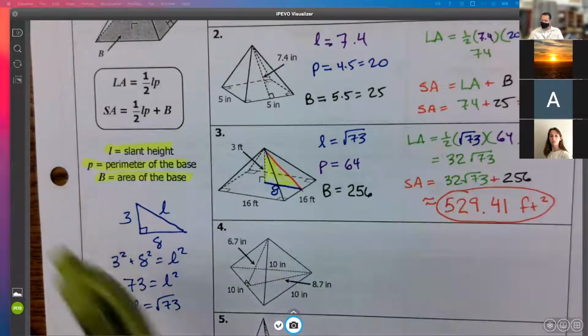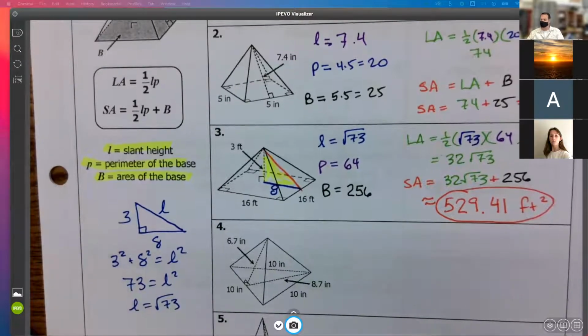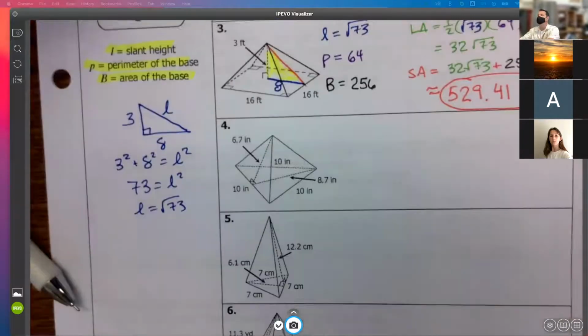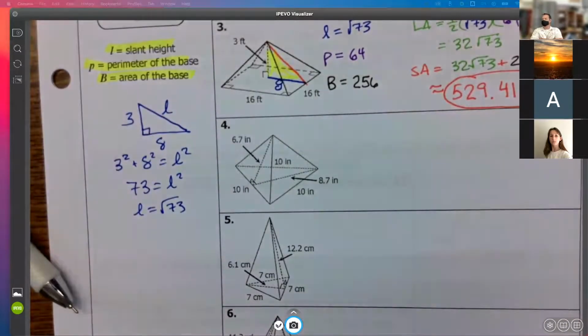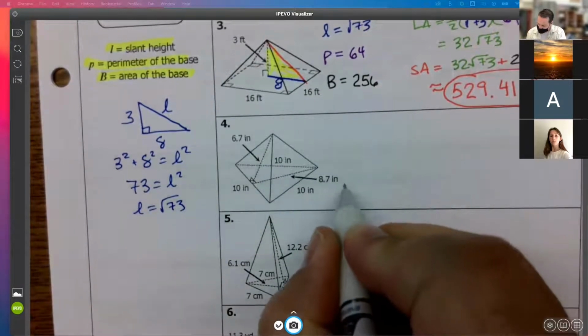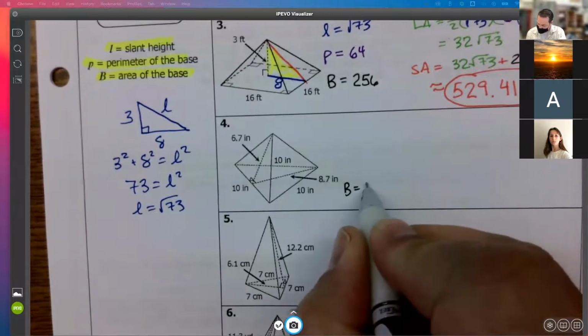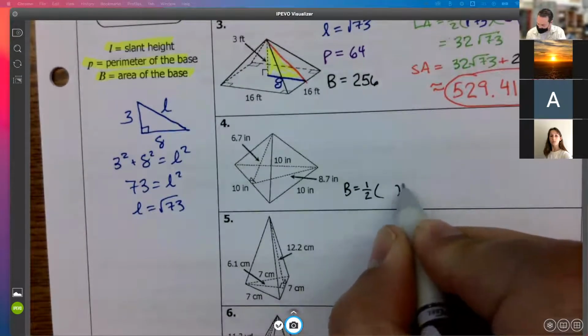All right, what's going to make 4 and 5 different? The bases are triangles. So when you do your B, instead of doing side times side, you're going to have to do 1/2 of two things multiplied together.